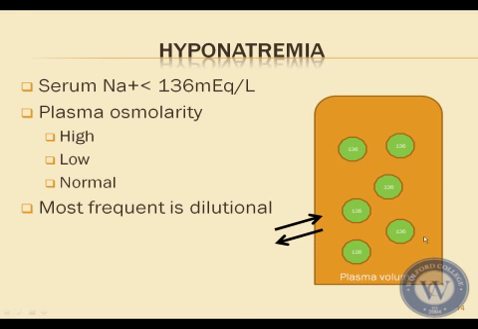Remember, when you're thinking about this, that you have essentially 136 milliequivalents of sodium sitting inside 1 liter of solution. That's what should be your normal values. Normal values usually are around 140, but once you get below 136, it's considered hyponatremia.